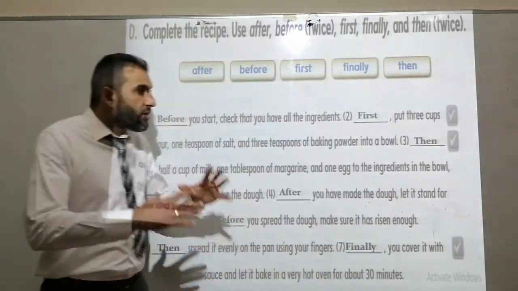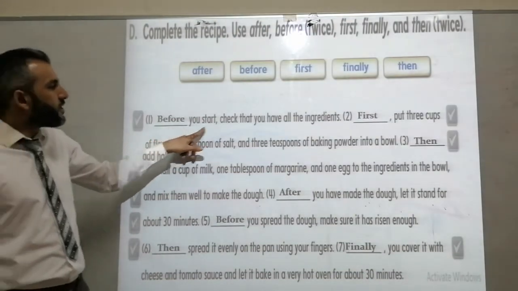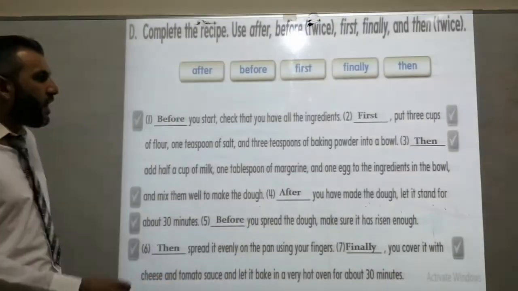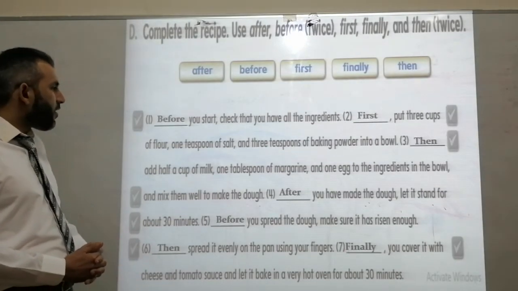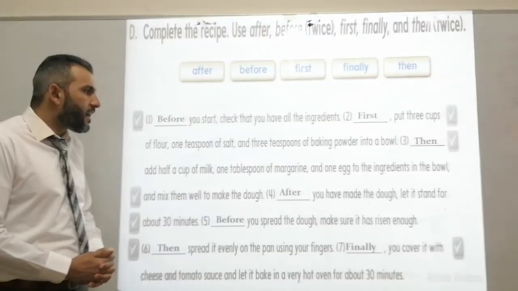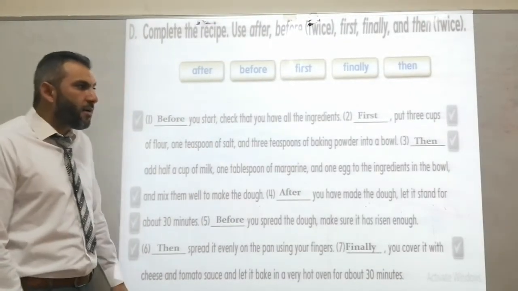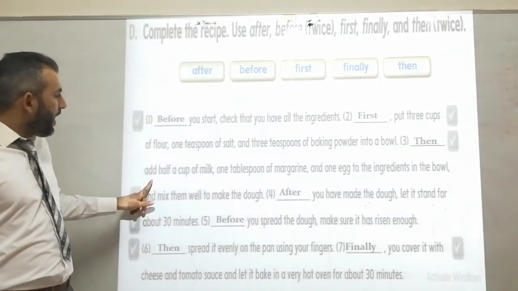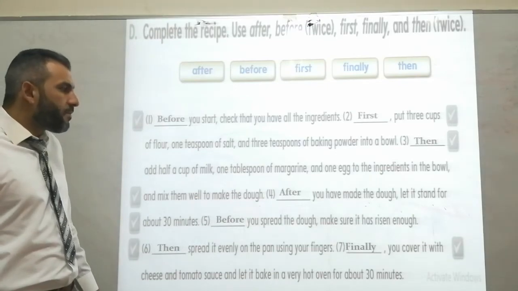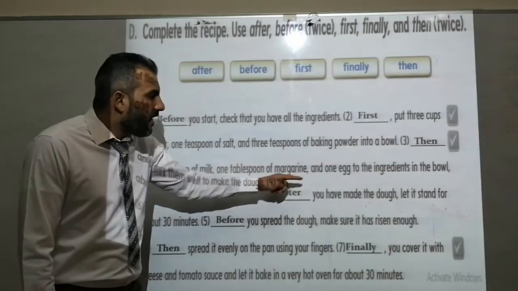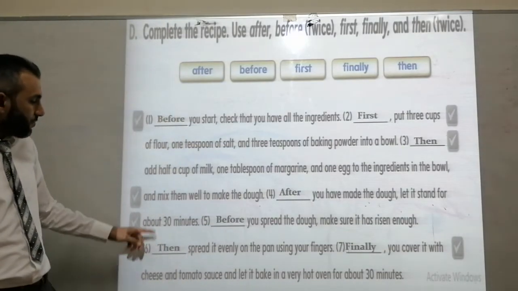Okay, now let's read the paragraph again. Before you start, check that you have all the ingredients. First, pour 3 cups of flour, 1 teaspoon of salt, and 3 teaspoons of baking powder into a bowl. Then add half a cup of milk, 1 tablespoon of margarine, and 1 egg to the ingredients in that bowl.